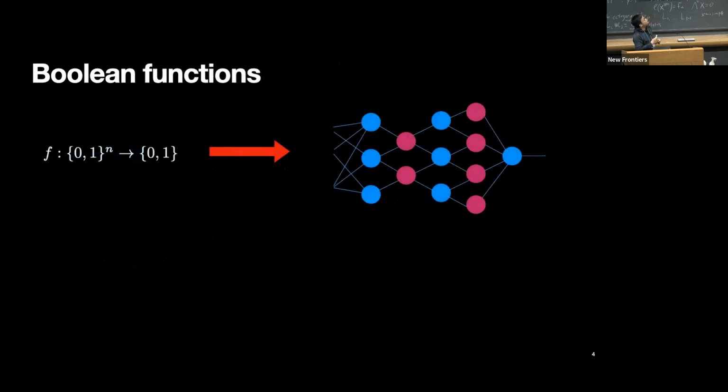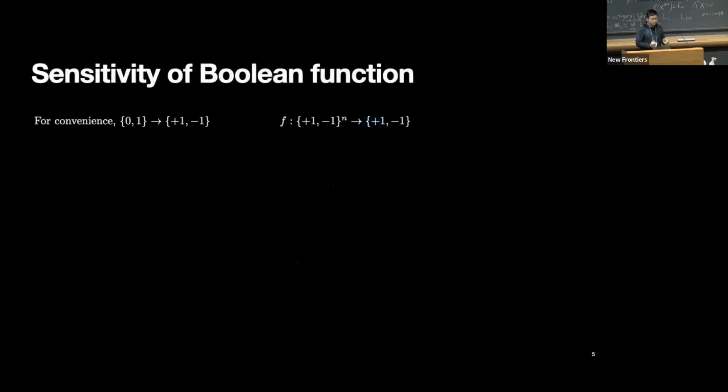Now, if we have a Boolean function and would like to represent it as a Boolean circuit, a natural question is how many layers and how many gates we need to express this function f. To answer these questions, let me introduce a very, very important concept called sensitivity for Boolean functions.